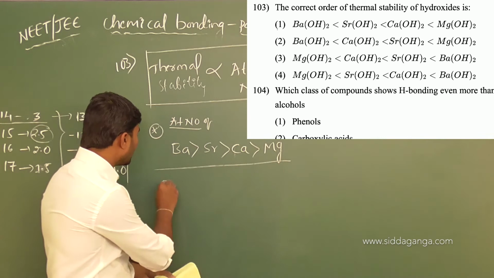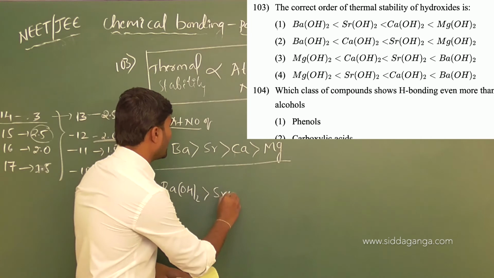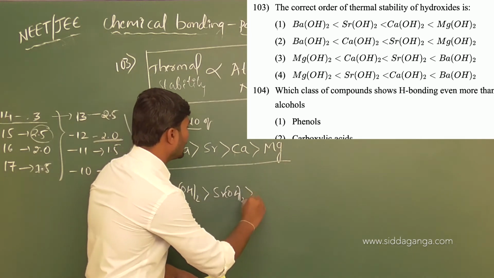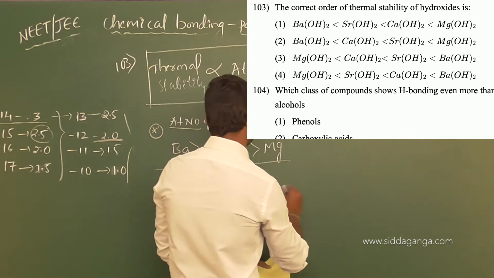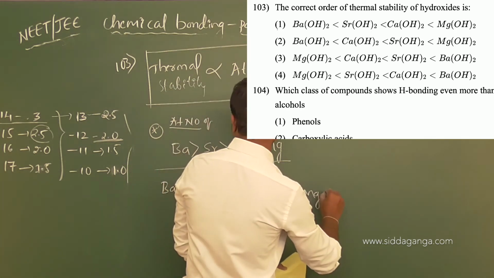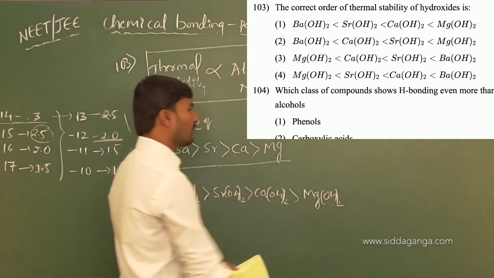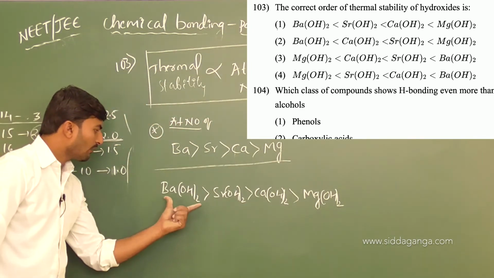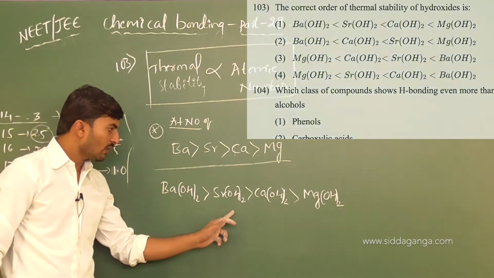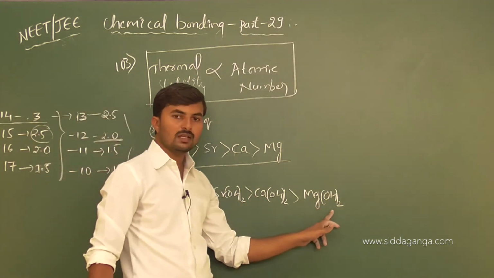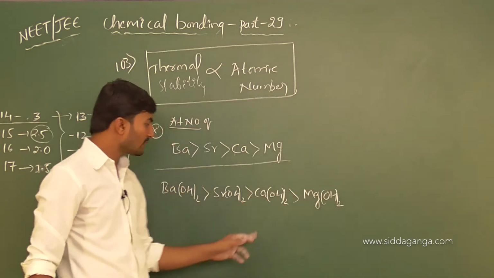When we compare the hydroxides, barium hydroxide with strontium hydroxide, calcium hydroxide and magnesium hydroxide, Mg(OH)2, see, the hydroxide of barium has more thermal stability, followed by strontium hydroxide, calcium hydroxide, followed by magnesium hydroxide, which is entirely discussed on the basis of what?